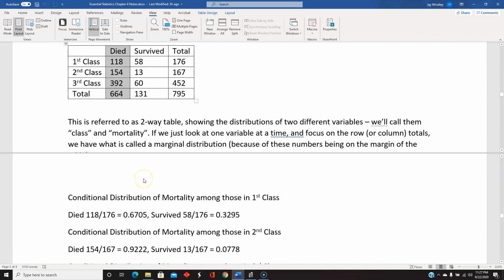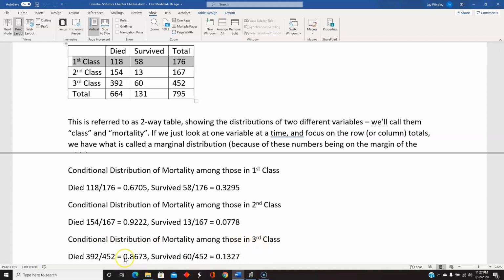So we could also look at the conditional probabilities or the conditional distributions the other way. If we look at just those who were in first class, of those who were in first class, 67% died and 33% survived. Of those who were in second class, 92% died and 8% survived. Of those who were in third class, 87% died and 13% survived.